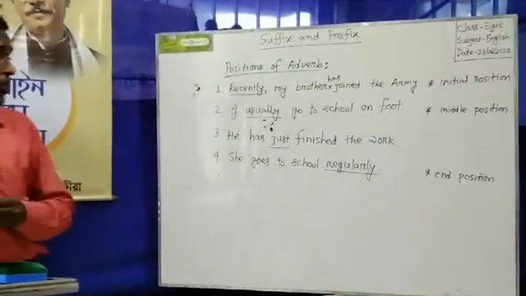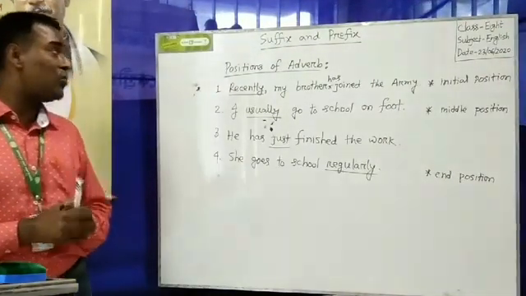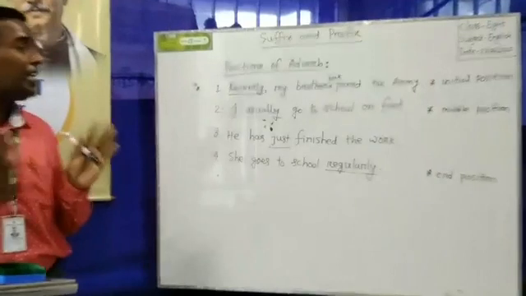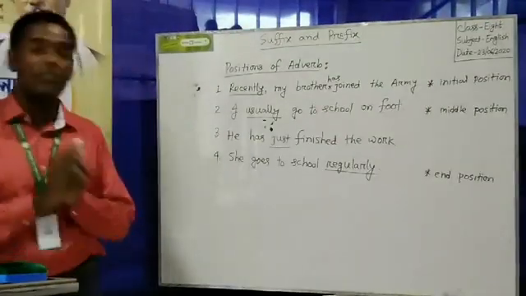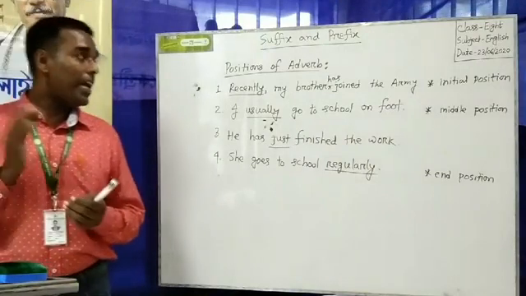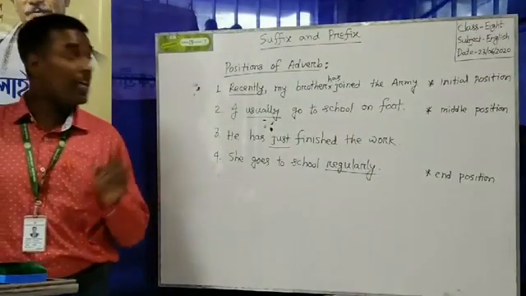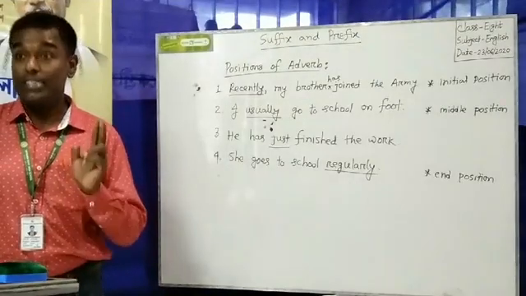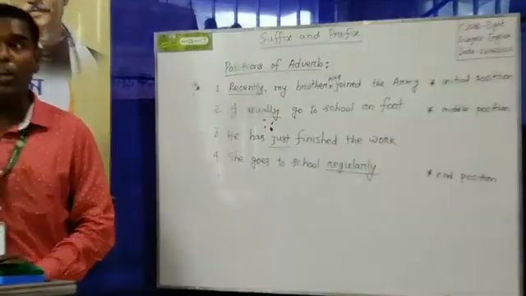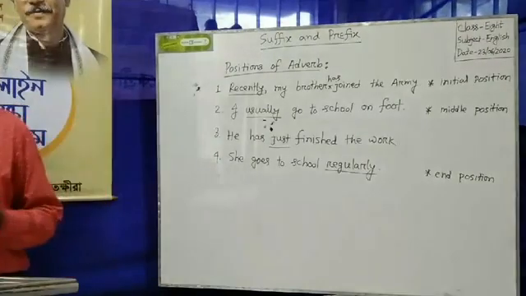Dear learners, we have seen 4 sentences here and we have got the 3 positions of adverb. Let's repeat after me so that you can understand the positions of adverb clearly. First one is the initial position. Second and third ones are middle position. And last one is end position.